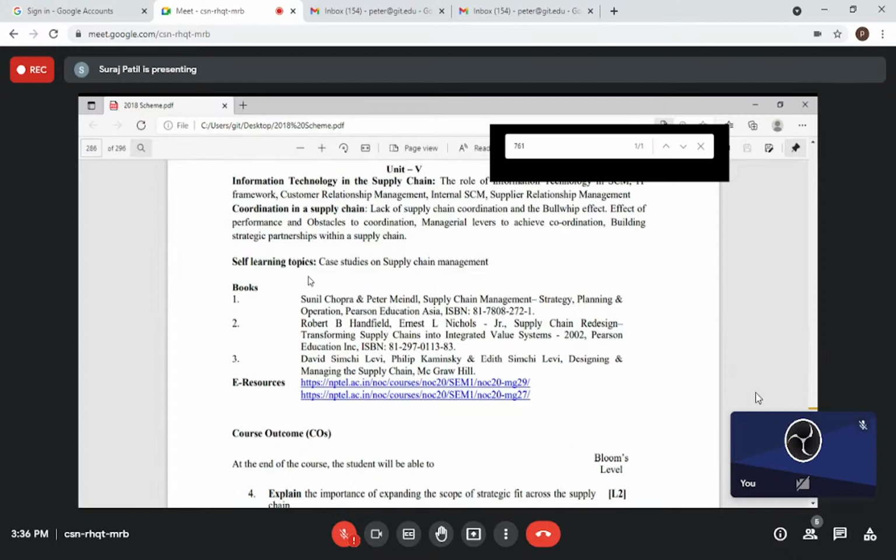Okay, it is easy to understand, and most of the students pursue their MS in supply chain, because here we discuss it only with respect to certain products or something.